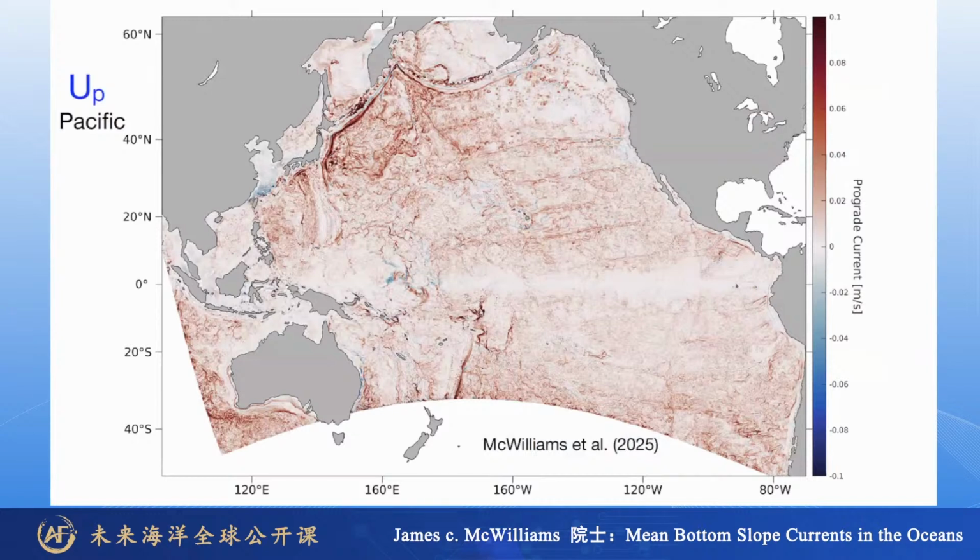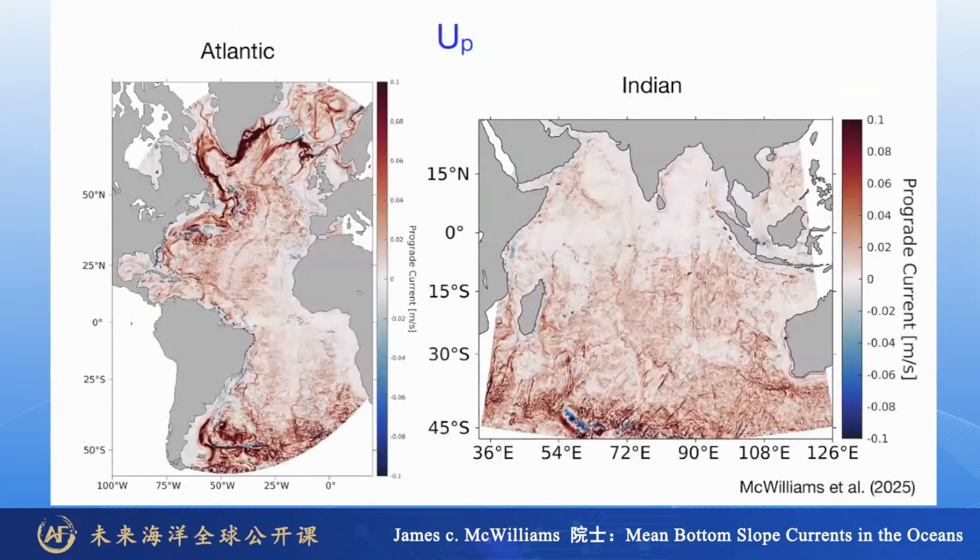So the topostrophy is very widespread. The strength of the current is stronger at higher latitudes, and it's very weak right at the equator. And this is the effect of rotation and stratification, that is, weak rotation and strong stratification near the equator, and strong rotation and weaker stratification, particularly at higher latitudes.